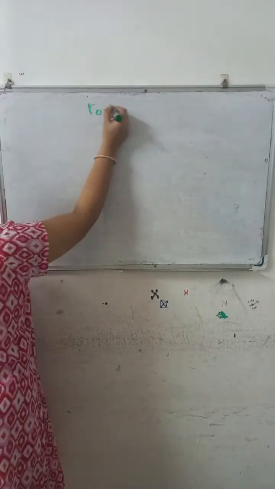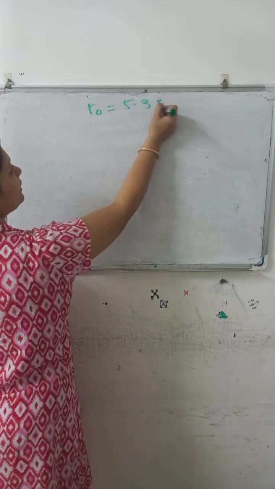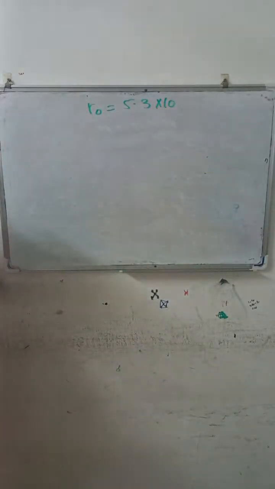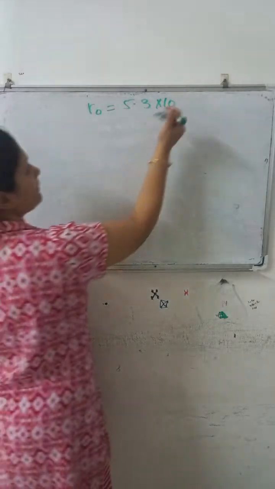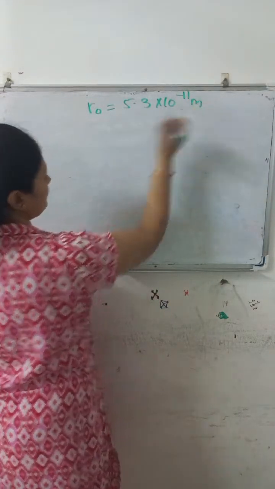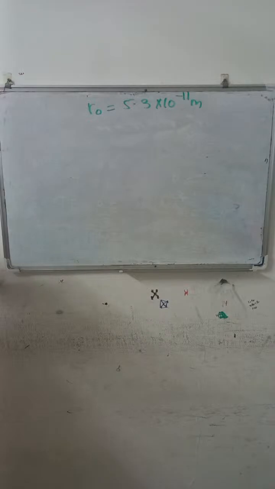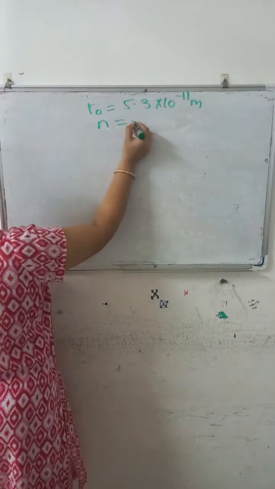Okay, so here we know that the hydrogen atom Bohr's radius is given, that is R0, which is nothing but 5.3 into 10 raised to minus 11 meter. Then they are saying n is equal to 3. So everything is given.